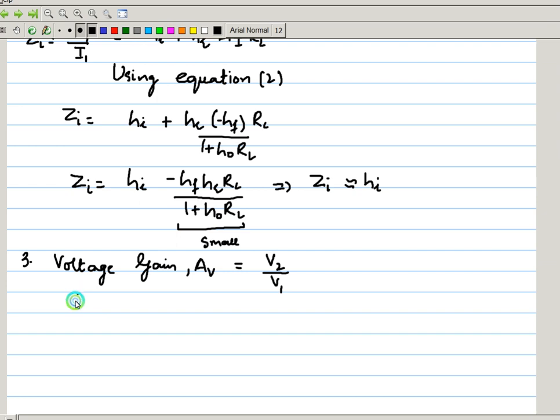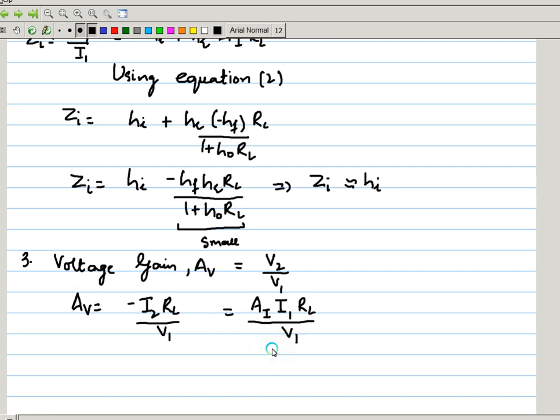Now how to proceed: V2 is equivalent to minus I2 RL, upon V1. And I2 can be written in terms of the current gain as Ai into I1, so it is Ai into I1 into RL upon V1.